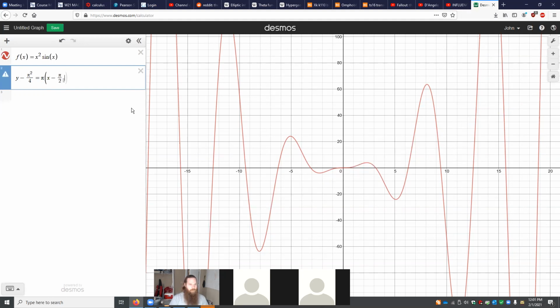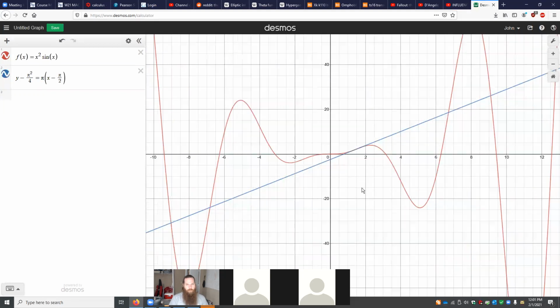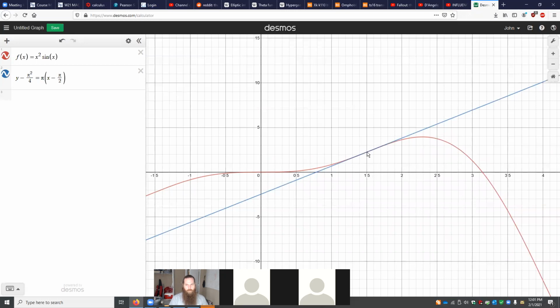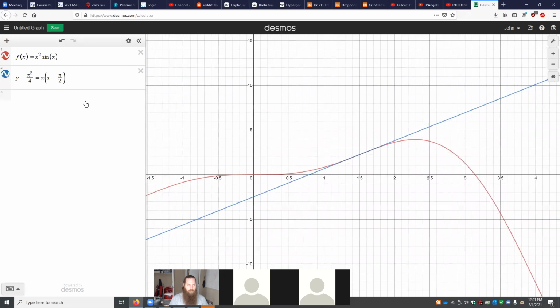X minus pi over 2. And if we come zooming in here, here's the good spot. See if it'll nail pi over 2 for me. Won't quite. My point of tangency is pi over 2 comma pi squared over 4.